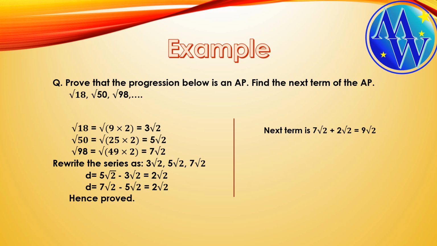Now if you want to convert this into the same form as the question, take the 9 inside the square root, so it becomes root of 9 multiplied by 9 multiplied by 2. It becomes 81 multiplied by 2, so the answer is square root 162. So the next term of the given AP is square root of 162, right?